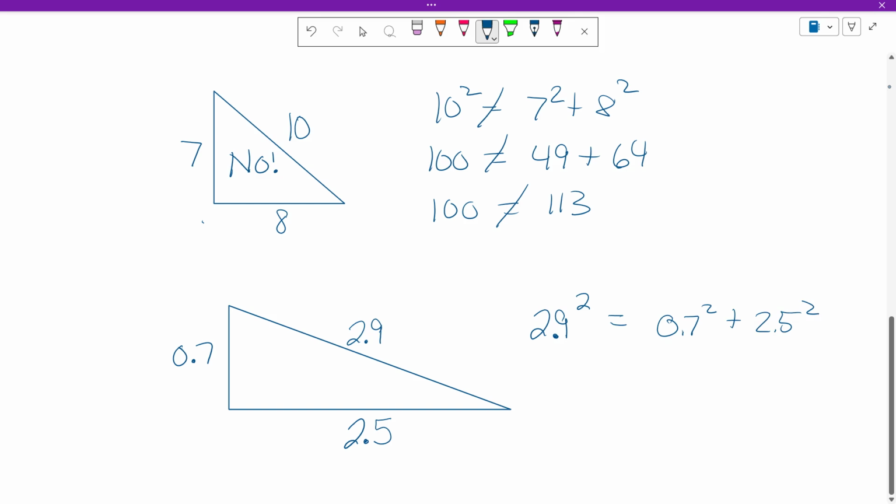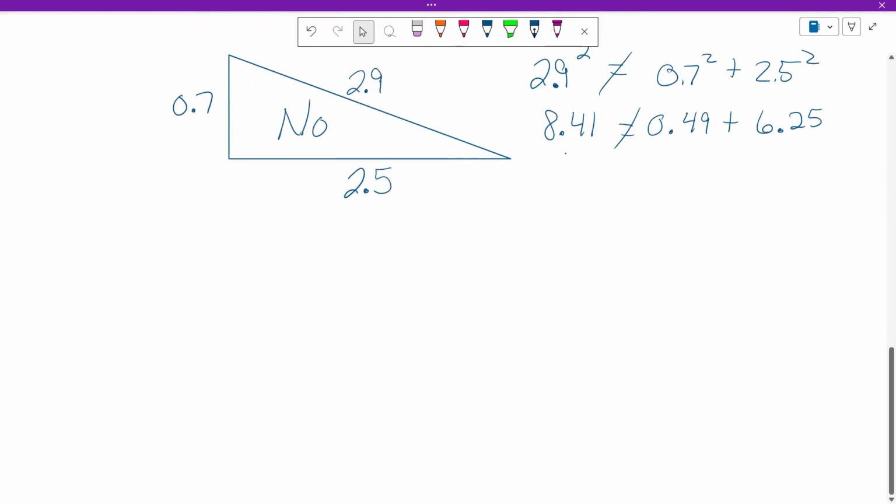What's 2.9 squared? What's 2.9 times 2.9? Might need a calculator, guys. 8.41. 0.7 squared is 0.49, and 2.5 squared is 6.25. So is 8.41 equal to 0.49 plus 6.25? No. So no, this is not a right triangle.